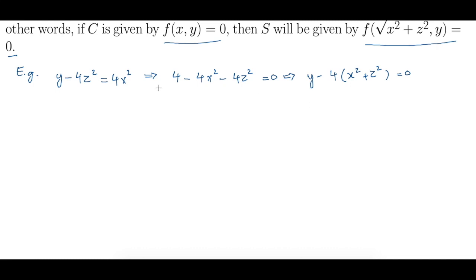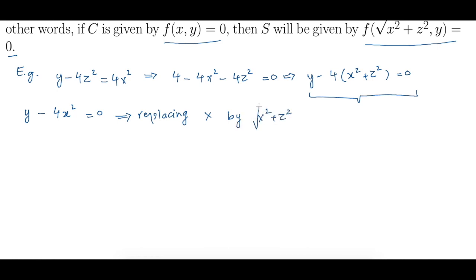So this is a surface of revolution, correct? So y minus 4x squared is equal to 0, and replacing x by the square root of x squared plus z squared gives y minus 4 times (x squared plus z squared) is equal to 0, correct?